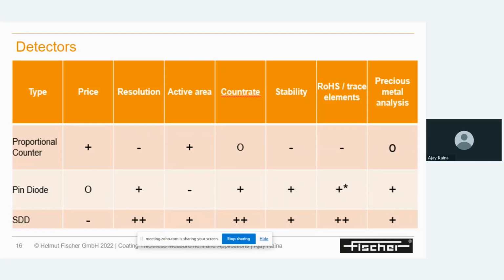For count rates, as I already discussed, the proportional counter can handle up to 10,000 counts. Silicon PIN can handle up to 1 lakh counts. SDD can handle up to 5 lakh counts. So when it comes to energy resolution, when we have very close elements, like nickel and copper, which are very close to each other, and you have a base of brass, that means the base will also have copper and zinc.